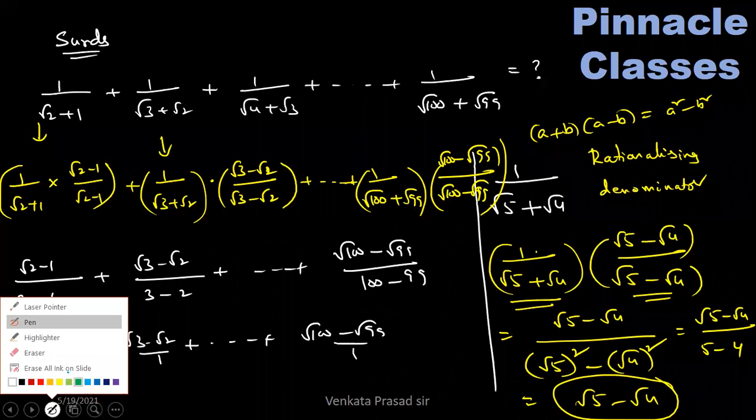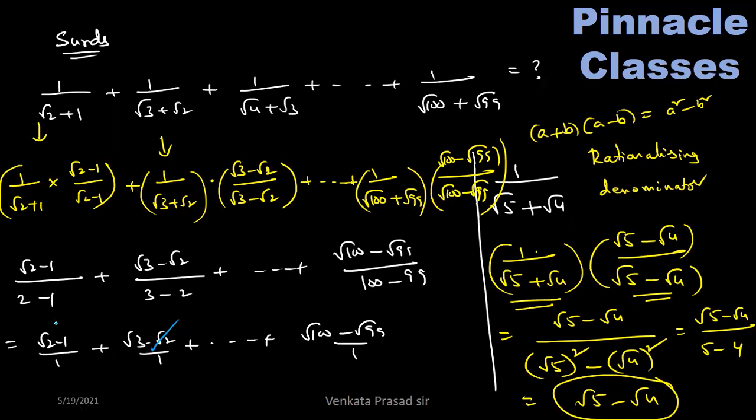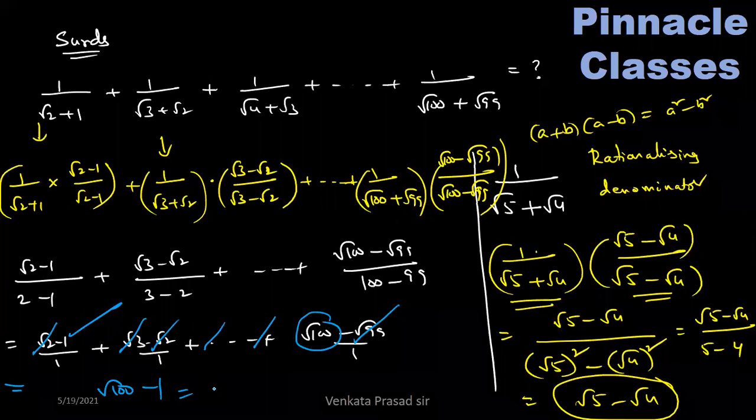The denominator is the same. Minus root 2 plus root 2, minus root 3 plus root 3, and so on. Each and every term is cancelled except root 100 minus 1. Root 100 is 10, so 10 minus 1 is equal to 9. So this answer is 9.